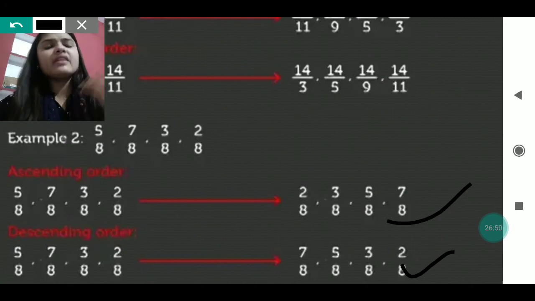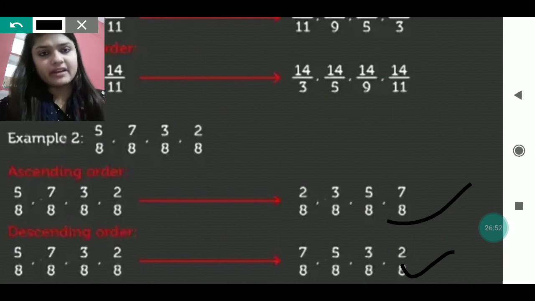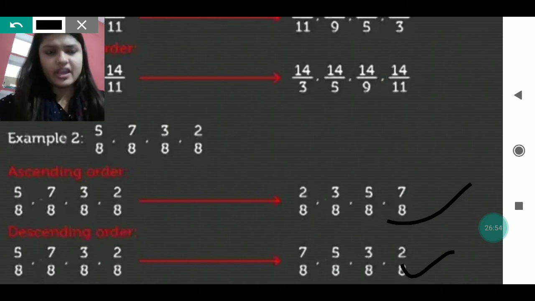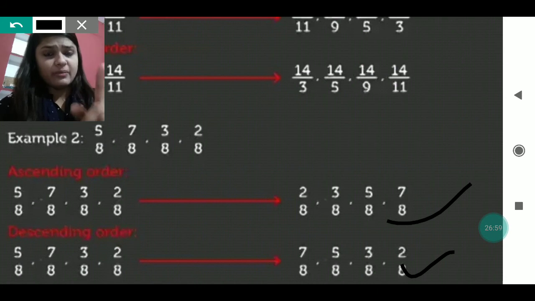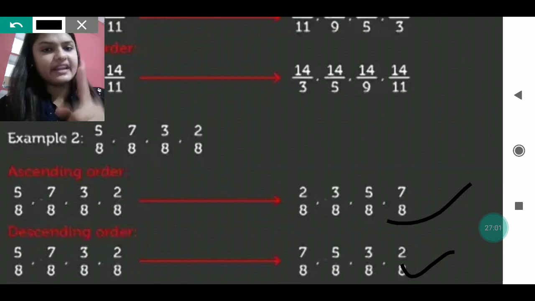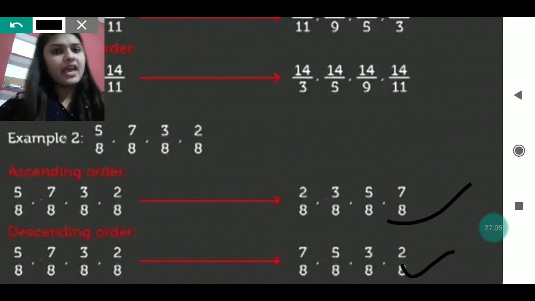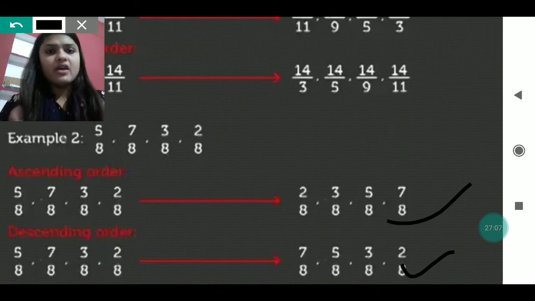But when we have the same numerators and different denominators, the number with the smaller denominator is the greatest, whereas the number with the greatest denominator is the smallest. Ascending and descending work the same way.